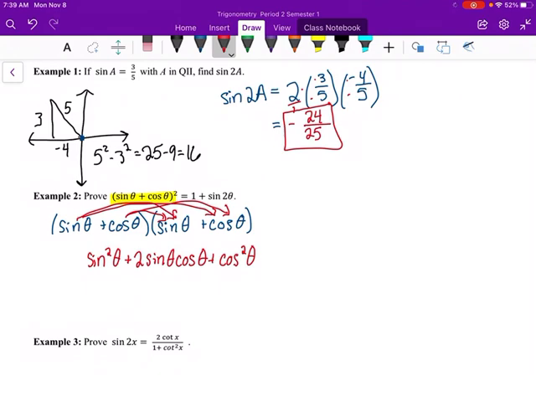Well, if we think back to our trig identities, we know that 1 is equal to sine squared theta plus cosine squared theta. So we can replace this with a 1.